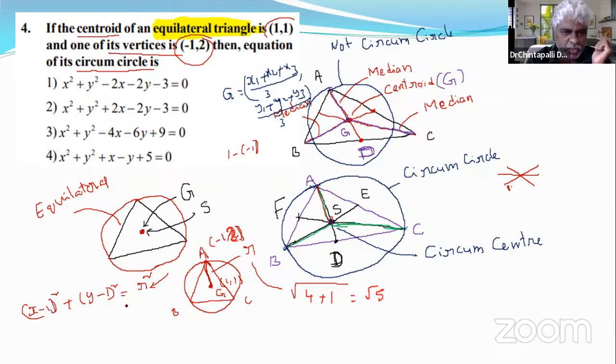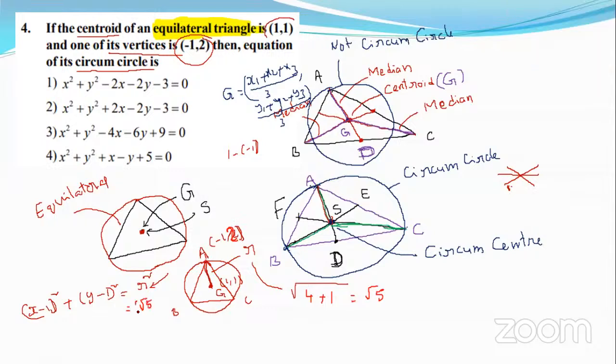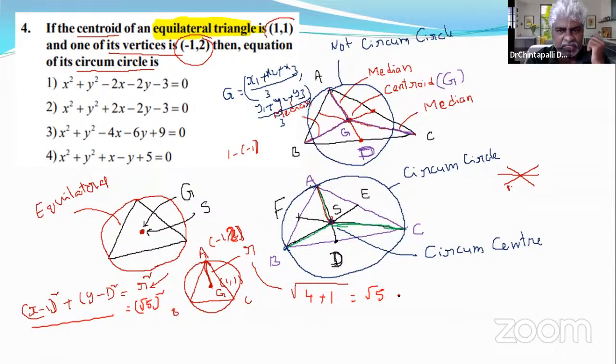So r square means root 5 whole square, that is 5. Now we can expand this. When we expand, (x minus 1) whole square means x square minus 2x plus 1, plus y square minus 2y plus 1 is equal to 5.